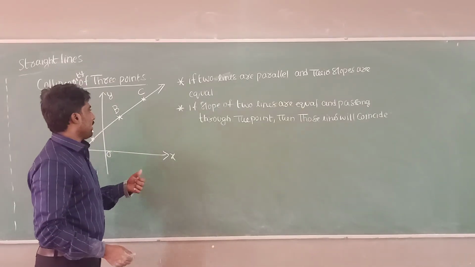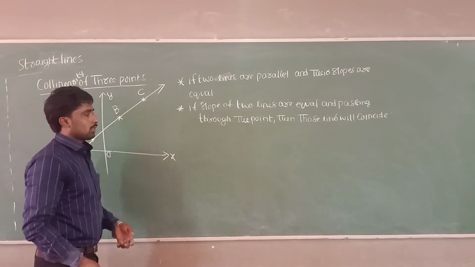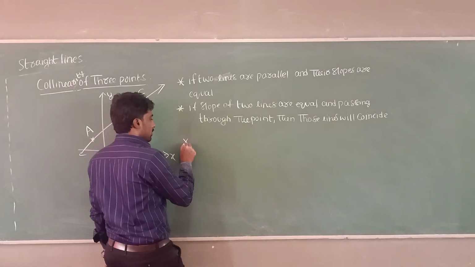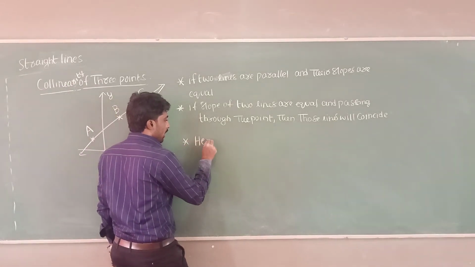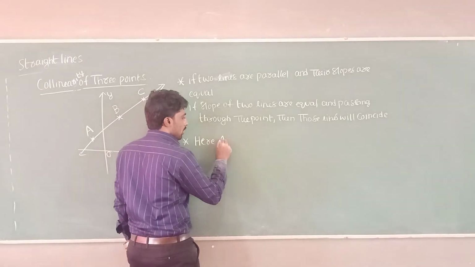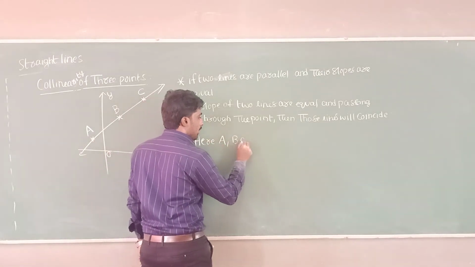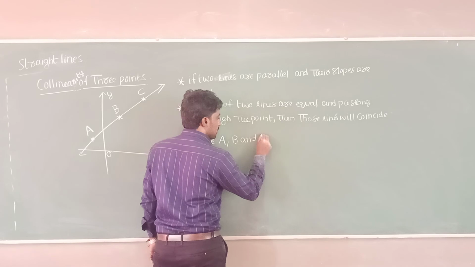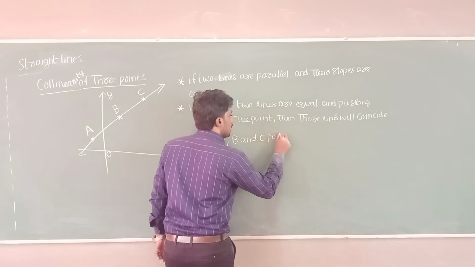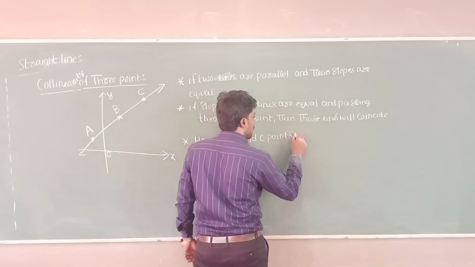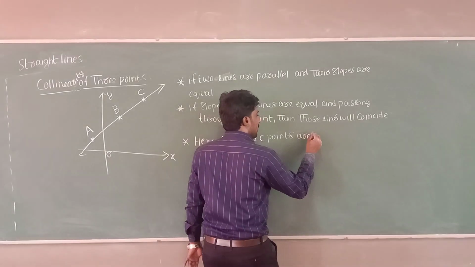Now coming to the diagram, here A, B and C lie on a line.